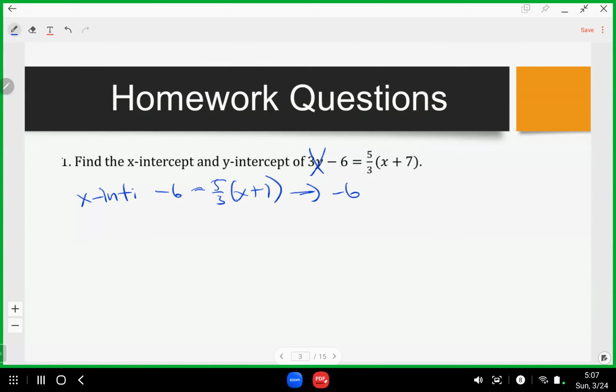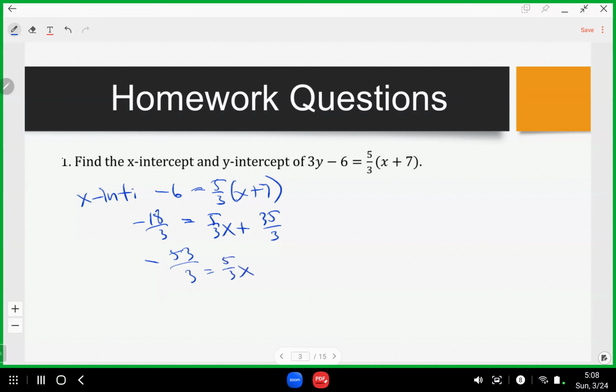Okay, let's just go to another line. Negative 6 is equal to 5 thirds x plus 35 over 3. And negative 6 is negative 18 over 3. So we have negative 53 over 3 equals 5 thirds x.